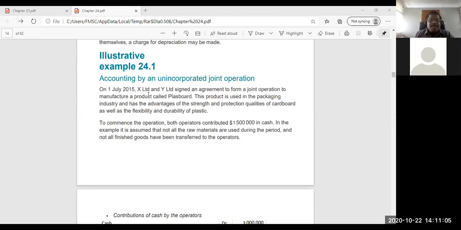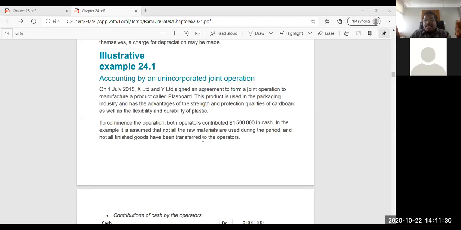In the example, it is assumed that not all raw materials were used during the period and not all finished goods have been transferred to the operators. That means there are WIP and inventories in the operation.